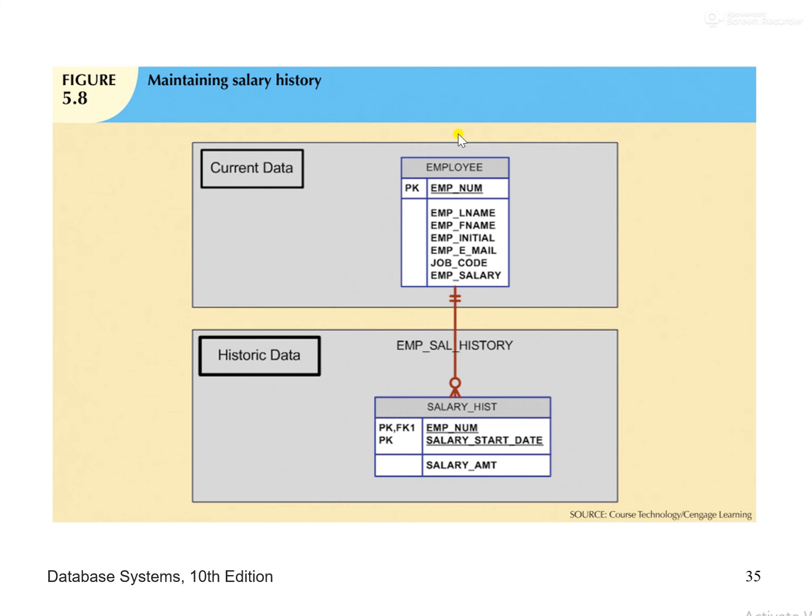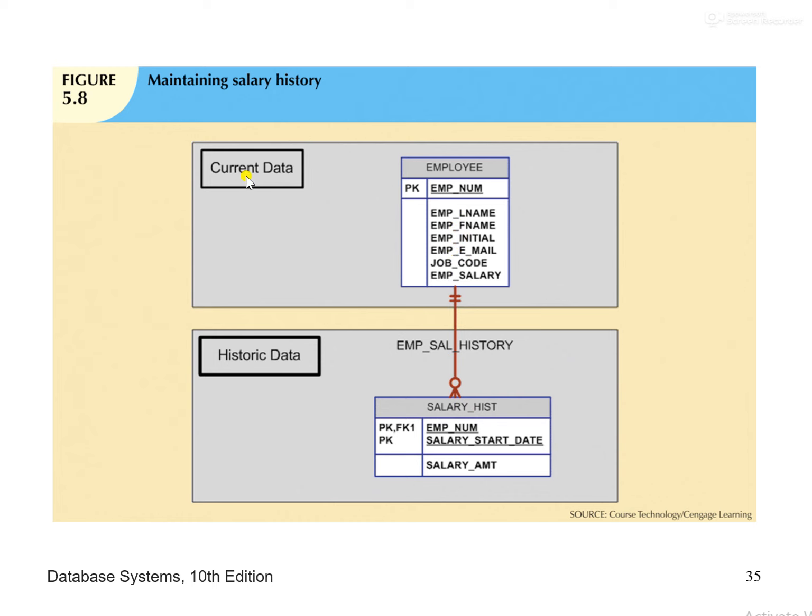Like in this example, we have employee salary, one attribute in the employee table which keeps a record of his current salary, plus we have another entity, salary history, which is in a one-to-many relationship with the entity employee.